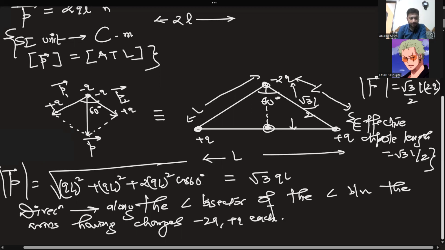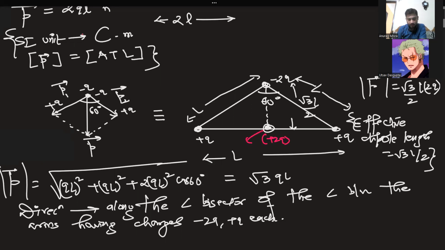Actually this charge plus 2q is not present, but it will seem as if a charge plus 2q is located here imaginarily. Understood? So we can say this point can be called the center of positive charges, while minus 2q will appear as the center of negative charges.